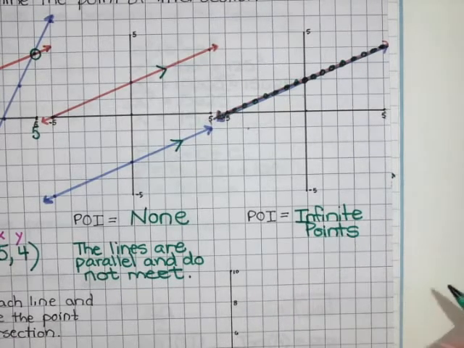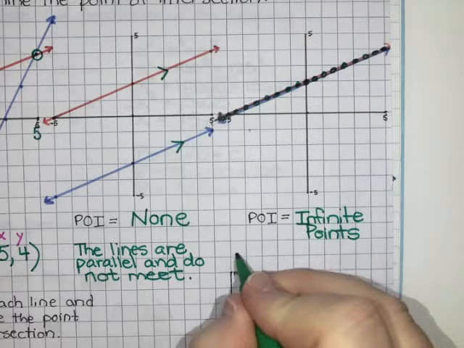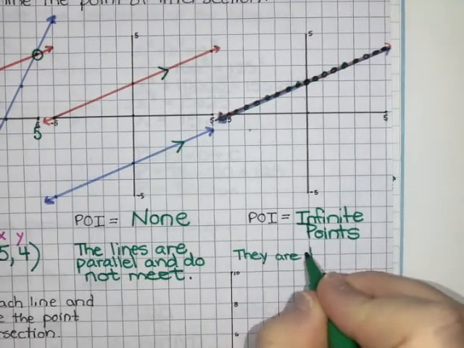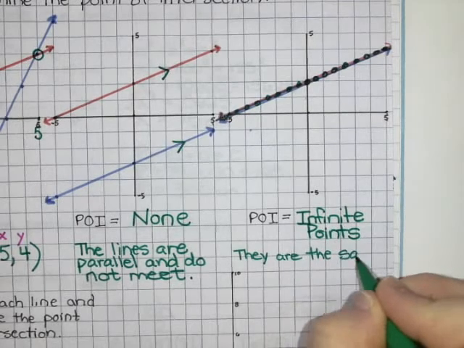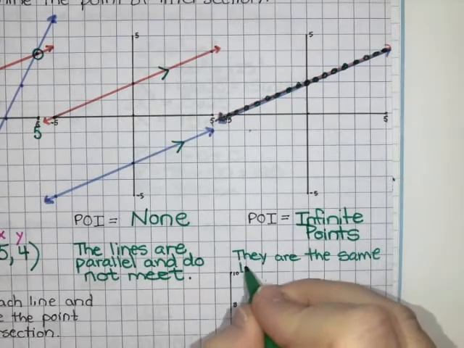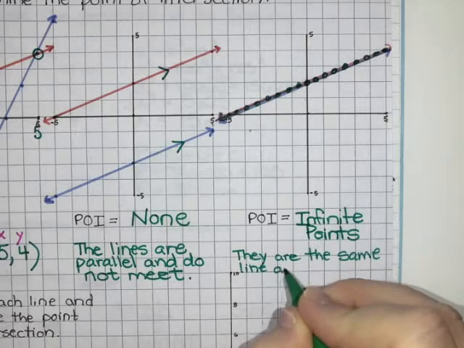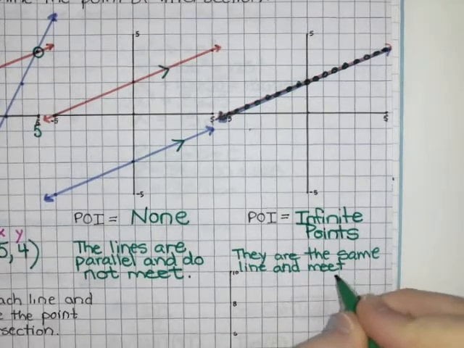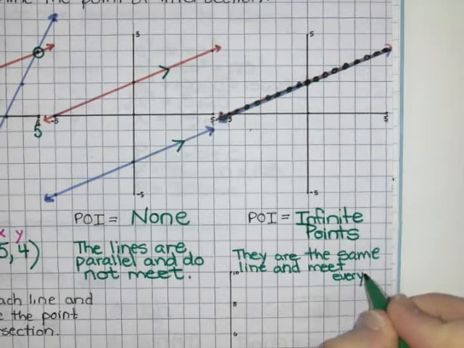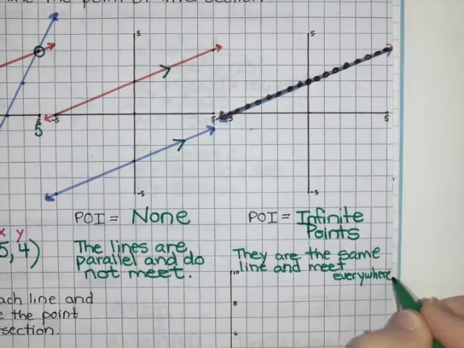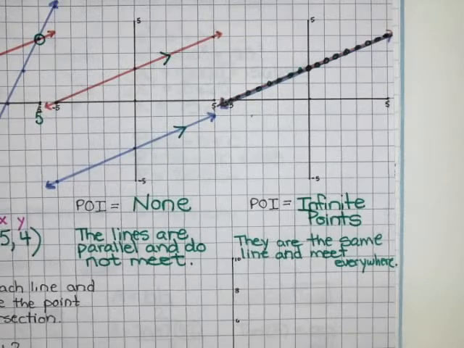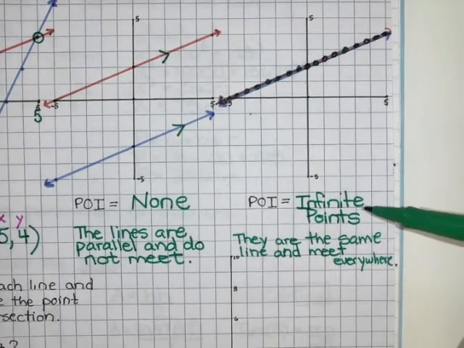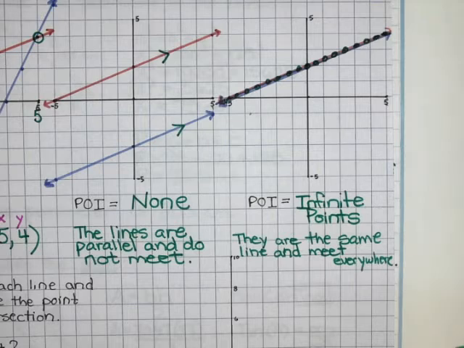And I am just going to make a little note that they are the same line and meet everywhere. Okay, so every point on that line is an intersection point between them. So there's an infinite number of points because they're the exact same line.